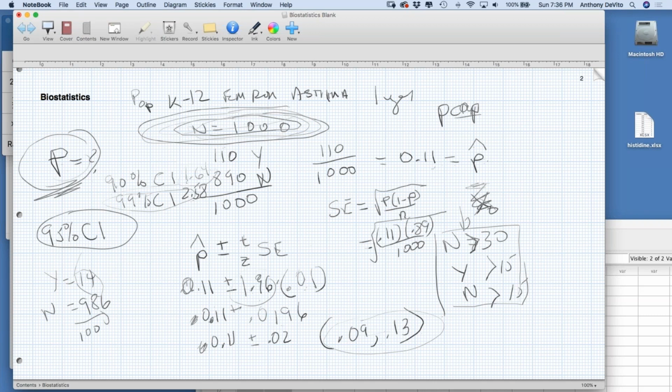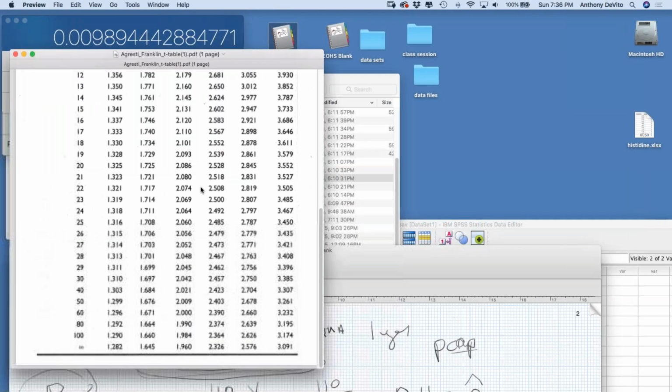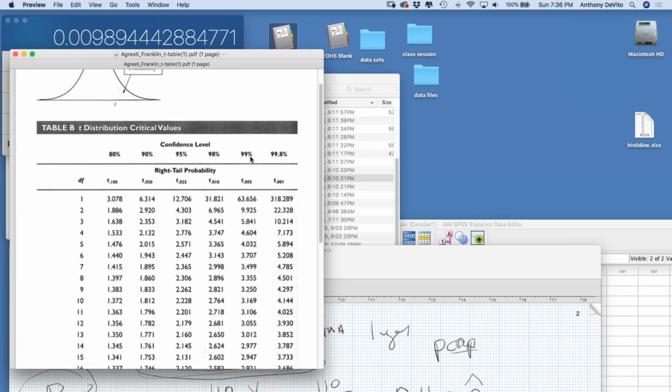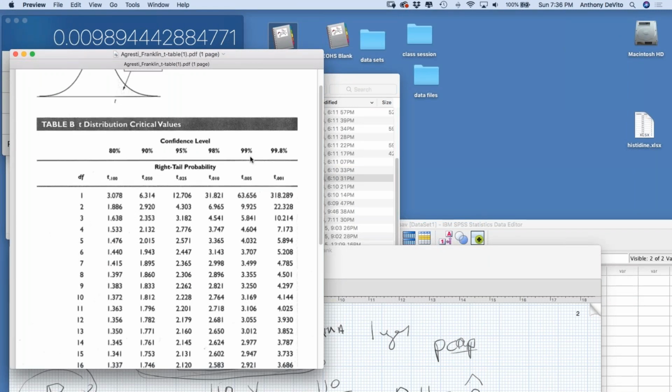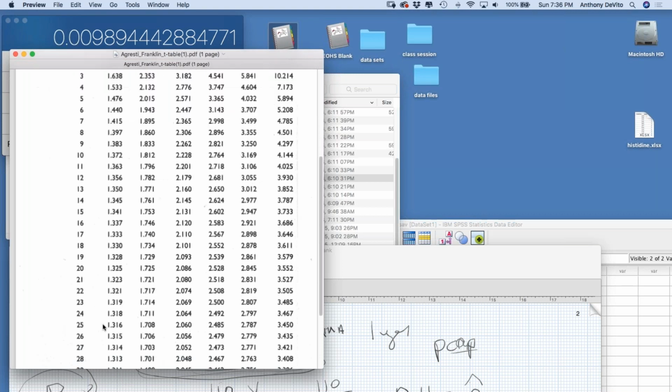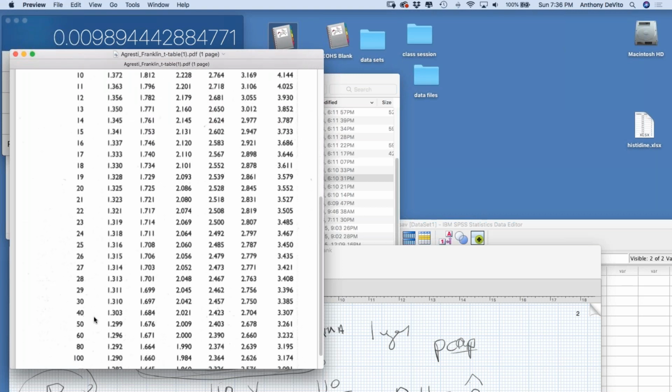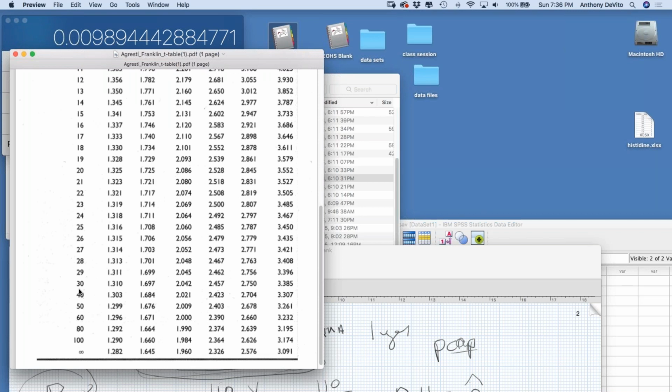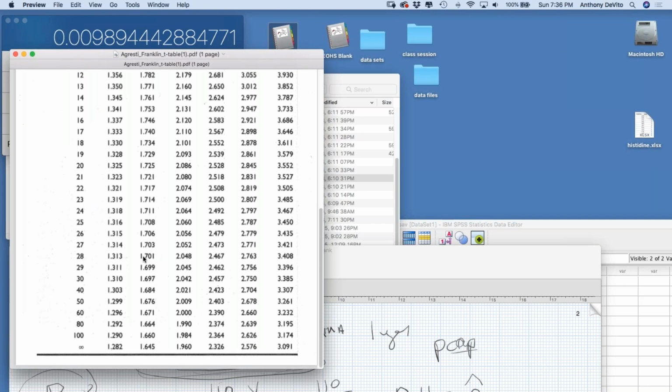If we're using the t-table, you'd be able to do the same thing by going over here to 99%. So for our example here, it was 35 degrees of freedom. Here's our 30. Oh, I don't have 35 here. Did I pick the wrong one out? Oh, I must have gone 25, right? I might have made an error there. So at 35 degrees of freedom, it would be roughly between these two numbers, roughly 2.03.